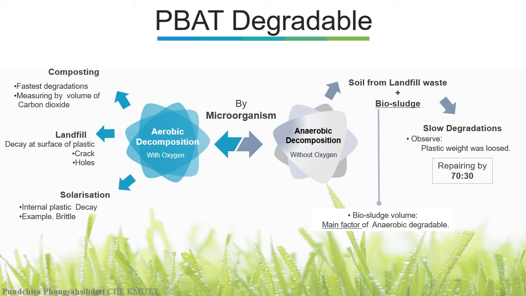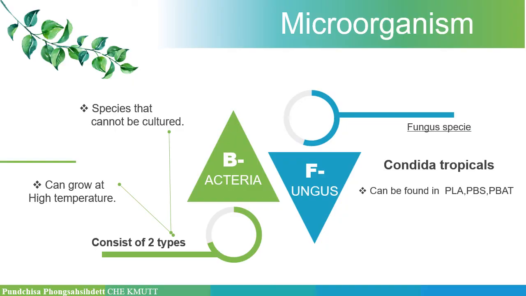In the way that plastics are buried in a landfill, plastics decay at the surface and produce holes. Finally, the plastic will crack. The internal structure of PBS can decay by solarization, which makes bioplastics brittle.